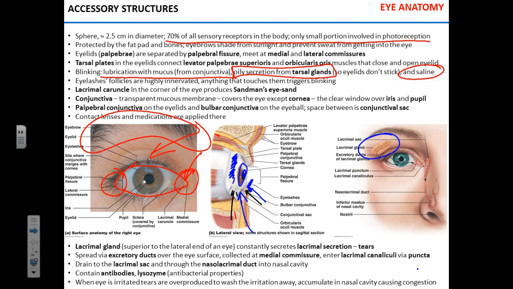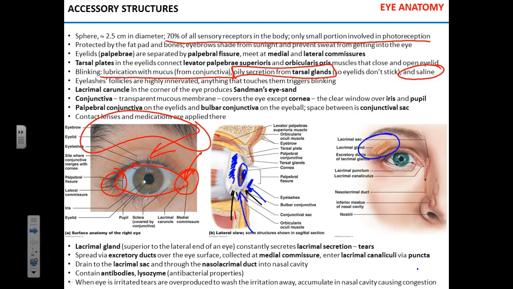Oculomotor, does it deal with the lacrimal secretion? No, it doesn't. Glossopharyngeal? No, it doesn't. Vagus? No, it doesn't. It's facial nerve. Glands on the face, nasal glands, lacrimal gland, and two salivary glands are all controlled by facial nerve. It's going to be facial.